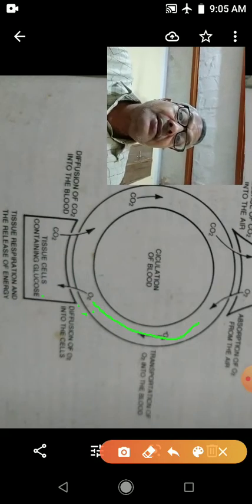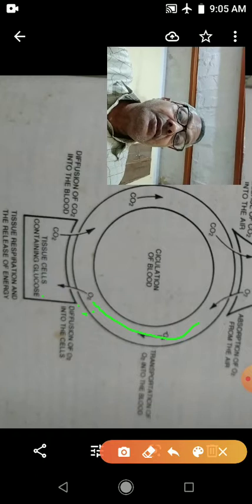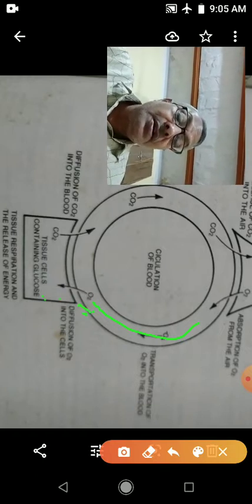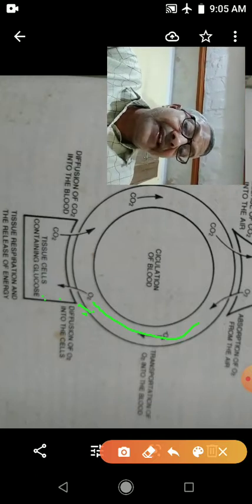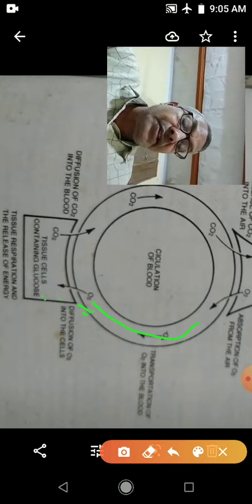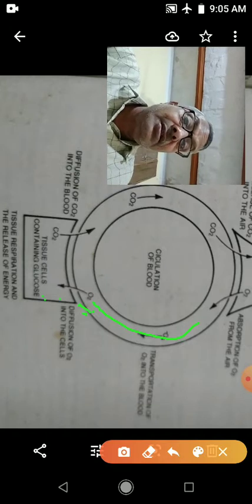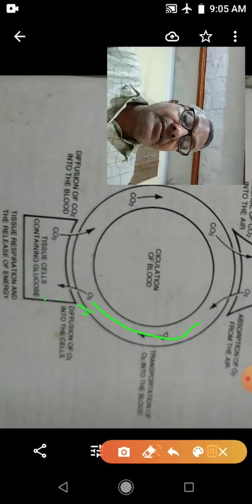from the blood. So this oxygen in the tissue is used for cellular respiration, because in the tissue cells glucose is there, glucose is oxidized.